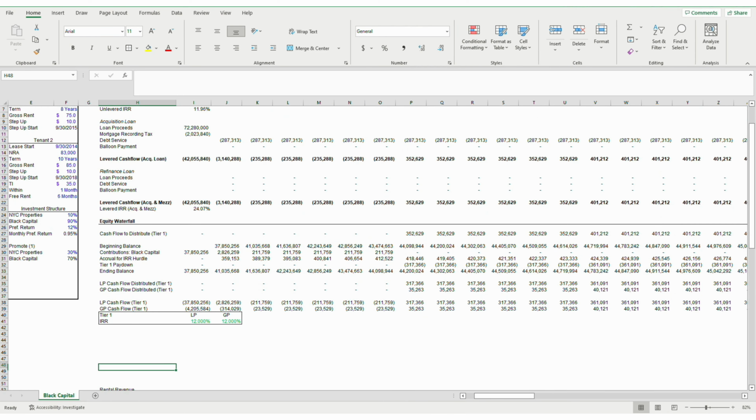Because the second tier of the waterfall uses a simple profit share instead of an IRR hurdle, the tier is much easier to construct than Tier 1.